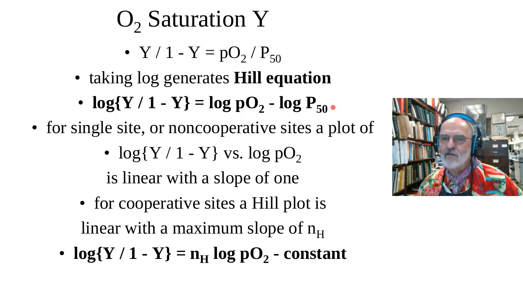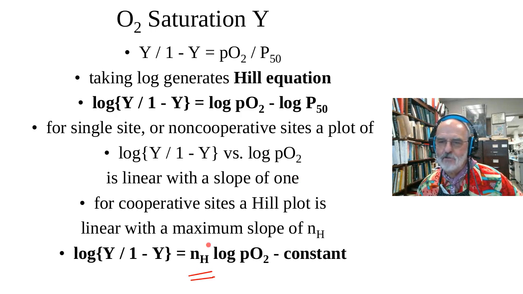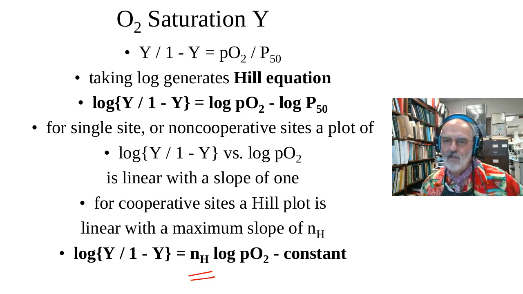Okay, so this gives you the affinity. The slope of this line will be 1 because there's a coefficient of 1 in front of the slope term, okay? For cooperative binding like hemoglobin, the slope of this line will be some cooperativity term. And that cooperativity term will be called the Hill coefficient. And so we'll see a difference in this plot between myoglobin and hemoglobin.